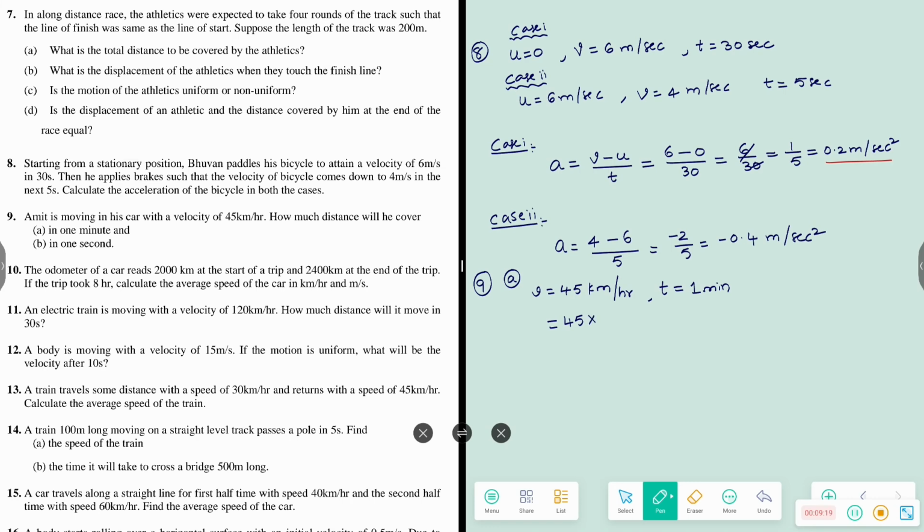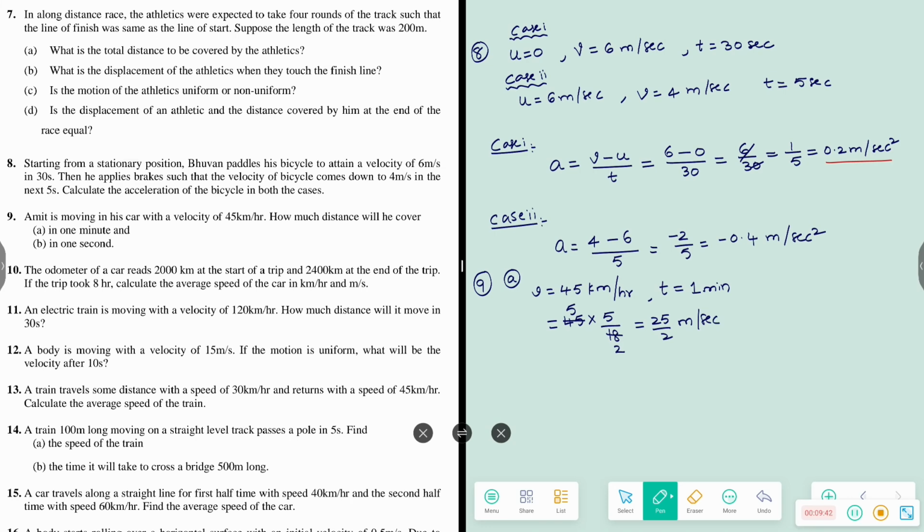Just by multiplying 5 by 18. You have to remember this. So 9 2 is 18, 9 5 is 45. So it is 25 by 2 meter per second.